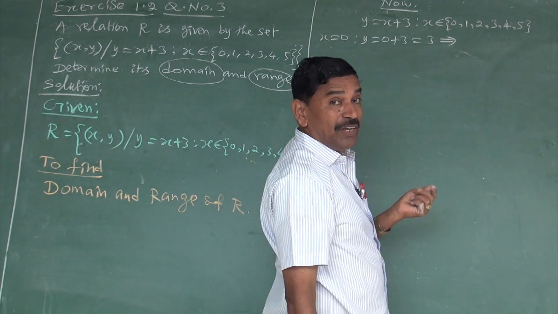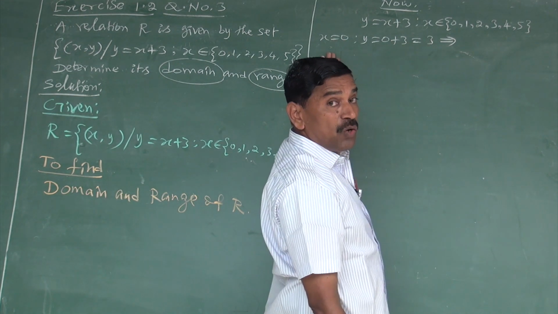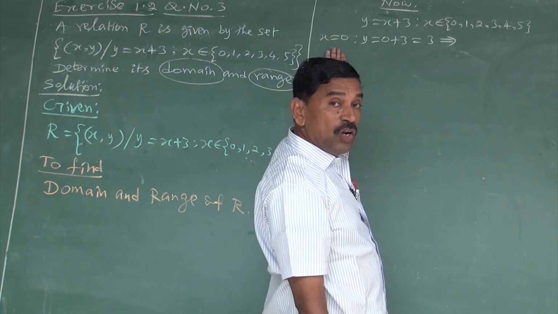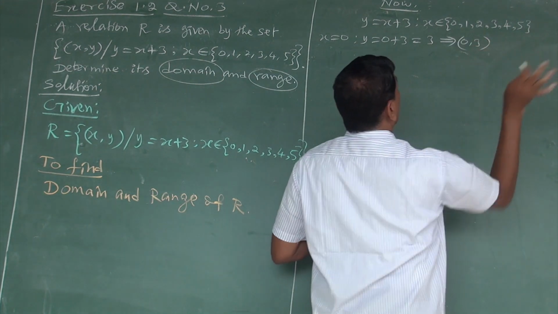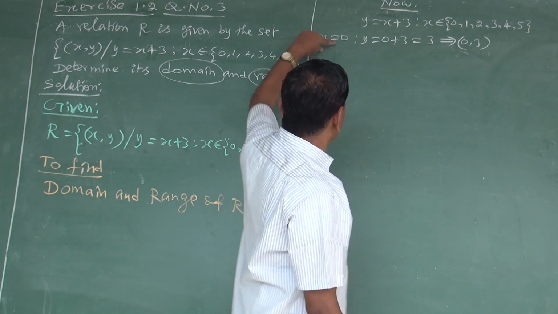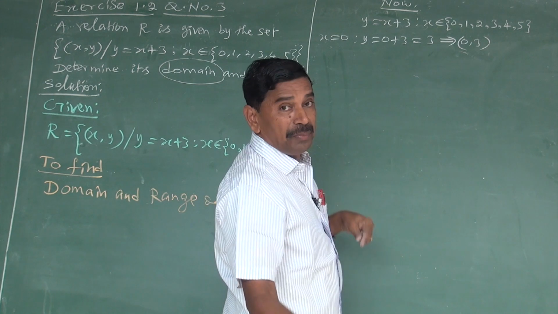When x equal to 0, y equal to 3, therefore 0 is related to 3, that is 0 comma 3, which is the ordered pair. Now try yourself. Remember here x can take the values from 0 to 5. That is very important.